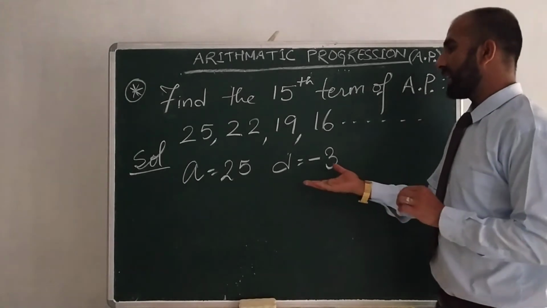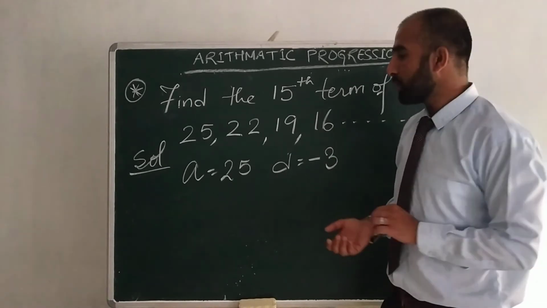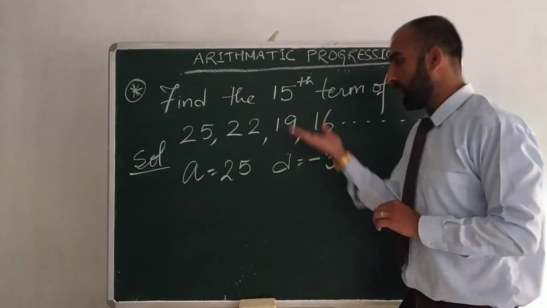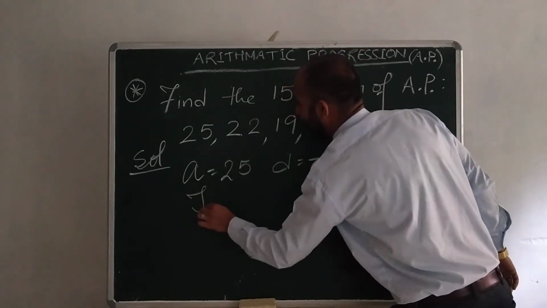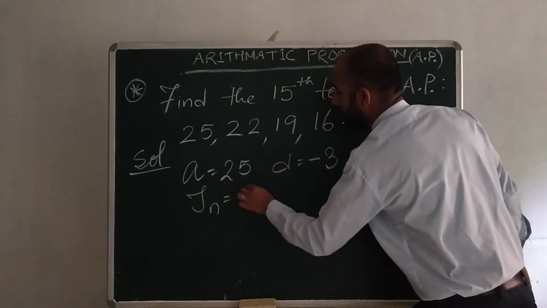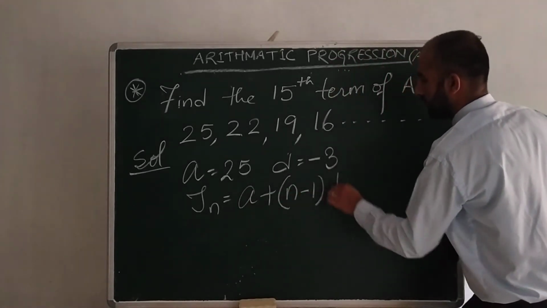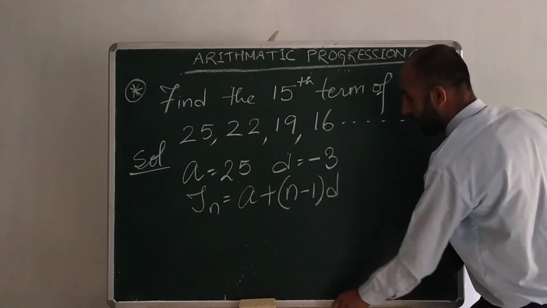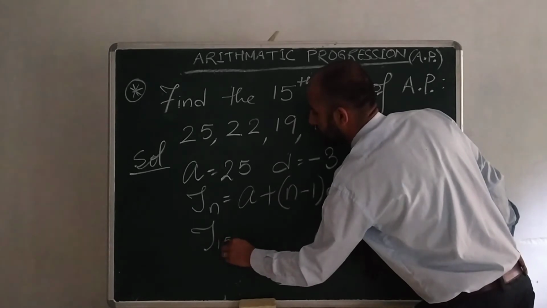Okay, as we have already discussed the term formula, we are going to use it. As we know, Tn equals A plus n minus 1 D, isn't it? So we are going to find the 15th term.